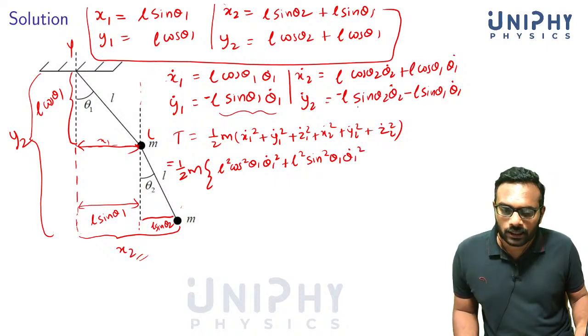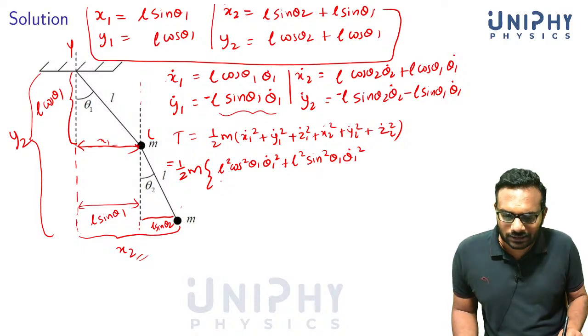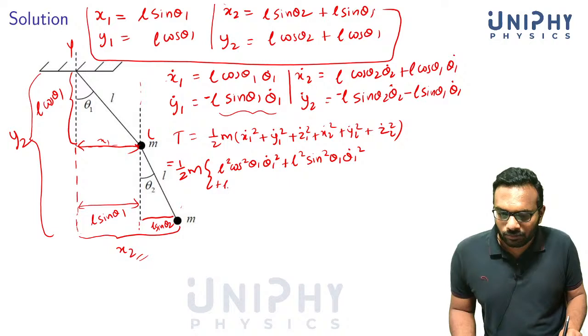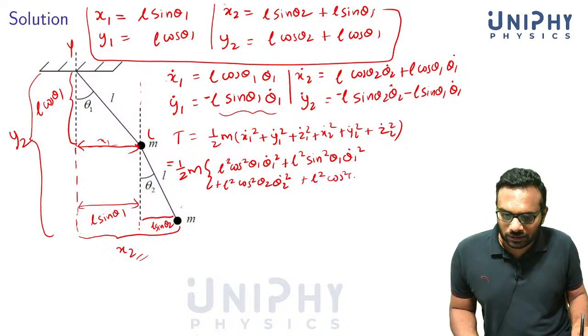And you just square these things and add, using the a plus b whole square formula, plus L square cos square theta 2 dot square plus L square cos square theta 1 dot square.